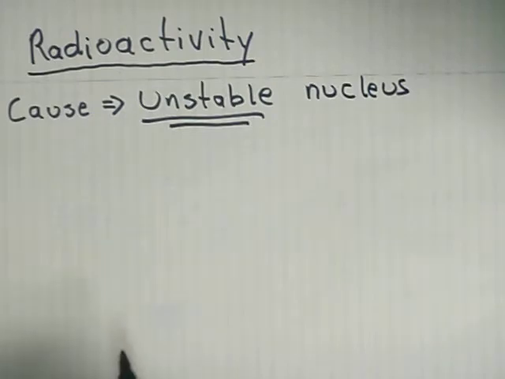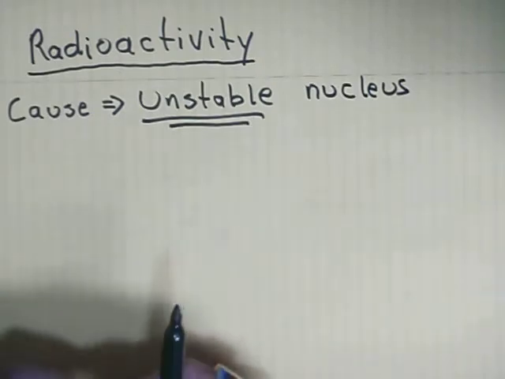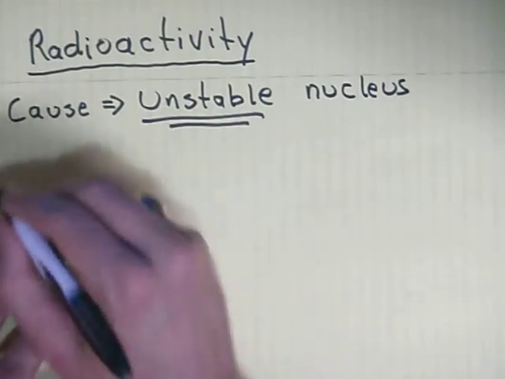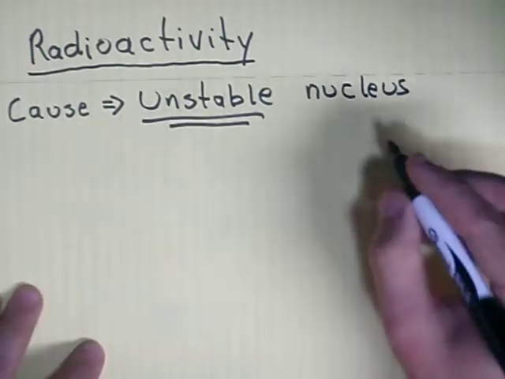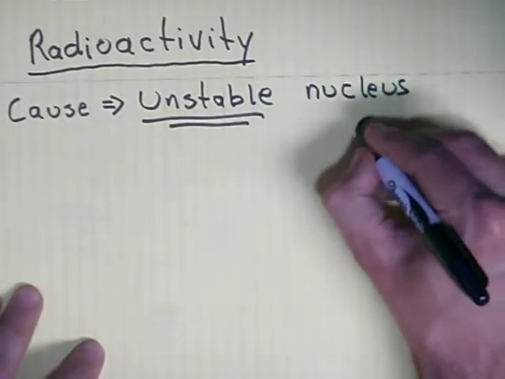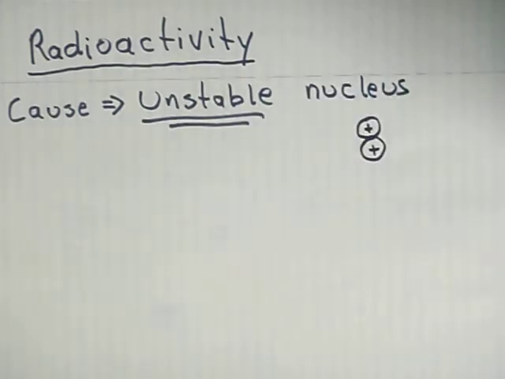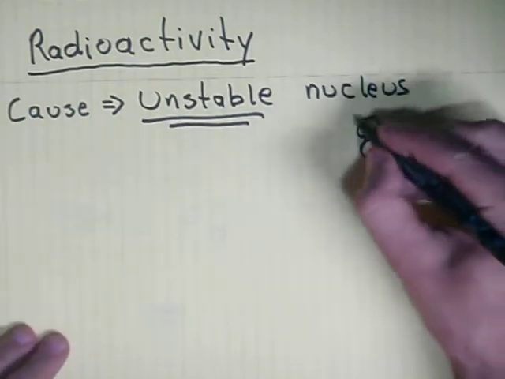And so the question that comes from that then is, well, what makes the nucleus stable? What makes it unstable? If you remember, when we think about the nucleus, we've got protons, and we also have neutrons.